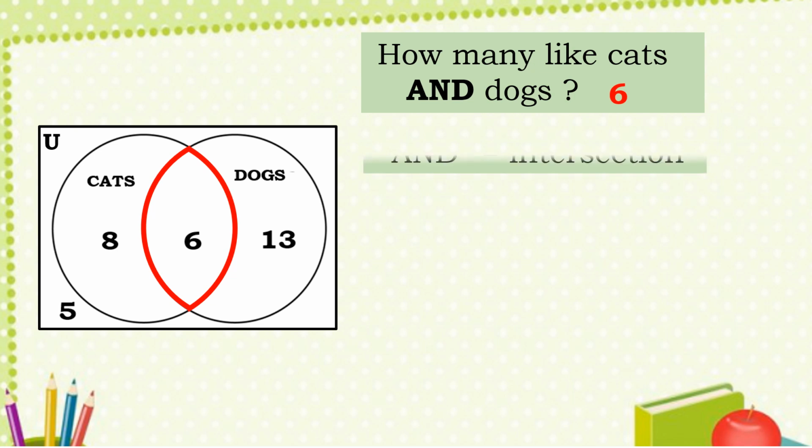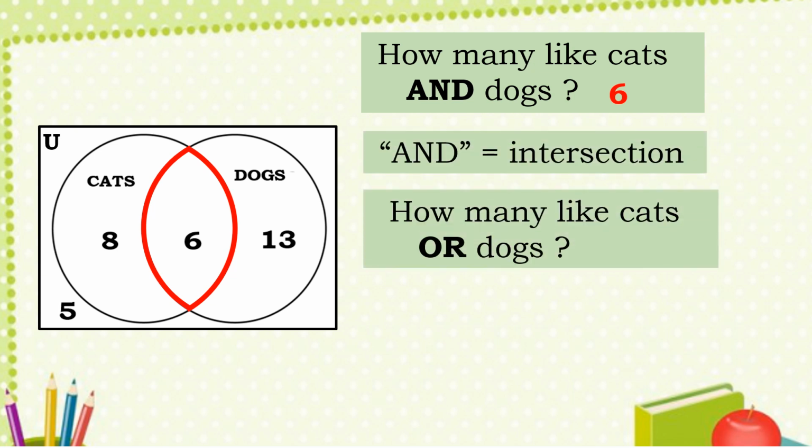How many like cats or dogs? We are referring to those particular persons who like cats and those particular persons who like dogs. So, "or" is for union. Those who like cats are actually 8 plus 6, and those who like dogs are 6 plus 13.